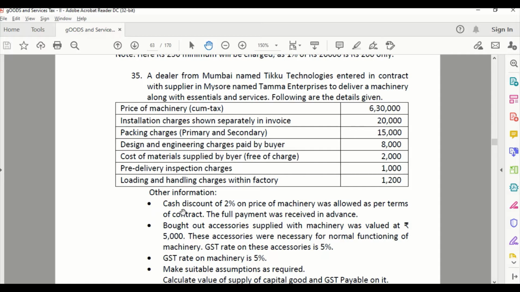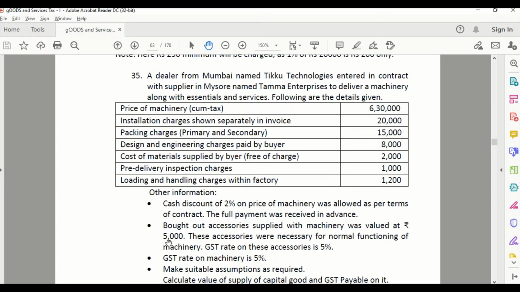Other information has been given. Cash discount of 2% on price of machinery was allowed as per terms of contract. We know that cash discount is in the exclusion column. The full payment was received in advance. Bought-out accessories supplied with machinery were valued at 5,000 rupees.